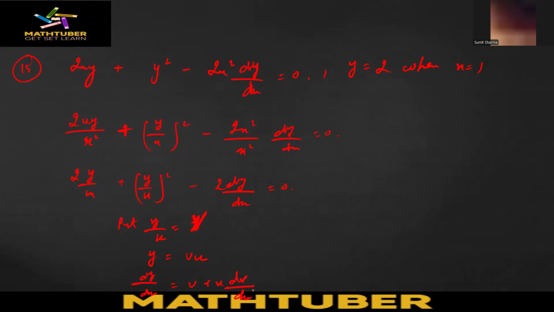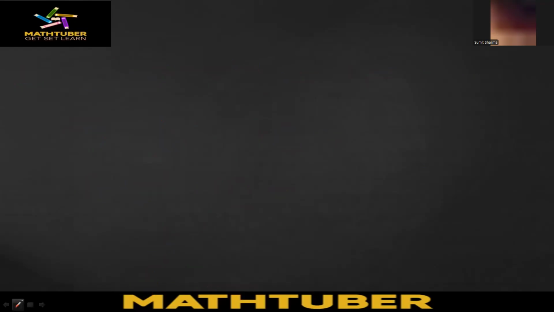Then substitute it here: 2v plus v square minus 2 into v plus x dv by dx is equal to 0. So 2v plus v square minus 2v minus 2x dv by dx equal to 0. 2v will get cancelled and v square equal to 2x dv upon dx.